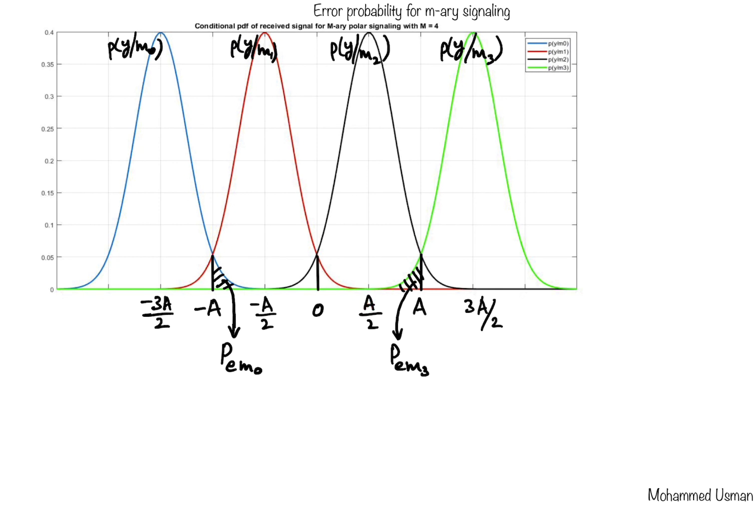So suppose we transmit M1, and if the received signal is between minus a and 0, the receiver will decide it as M1, which would be a correct decision. But if M1 is transmitted and the received signal is below minus a or above 0, then the receiver will decide either as M0 or M2 or M3, because this goes on till infinity. So in all these cases it will make an error.